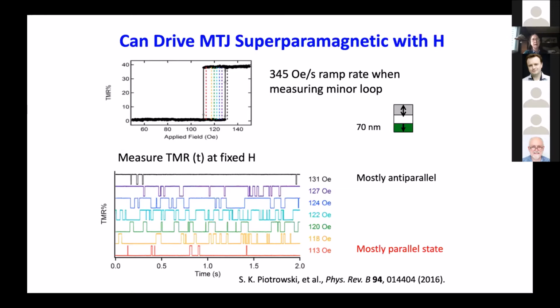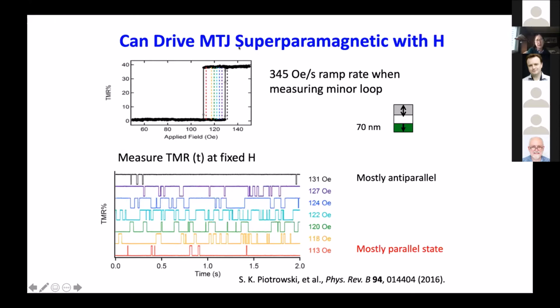So here's an example where we started in this project looking at a perpendicularly magnetized tunnel junction. And if you were to measure the tunnel magnetoresistance as you sweep the field, you get this black curve and see deterministic switching, and then it comes back and switches to the low resistance state again.